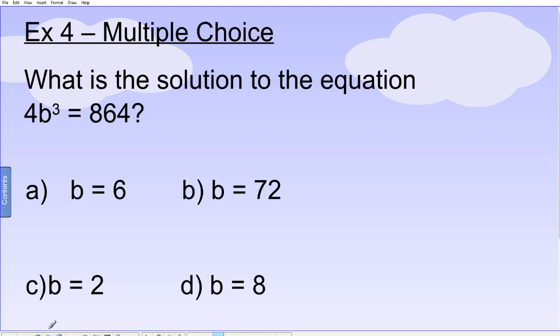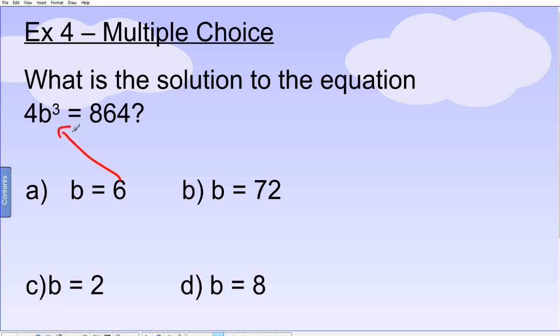Okay. Example 4 says, what is the solution to this equation? So we could actually solve this a couple different ways. You could solve this by solving the equation like we've normally done. You could solve this by using some guess and check. Just imagine guess and check.